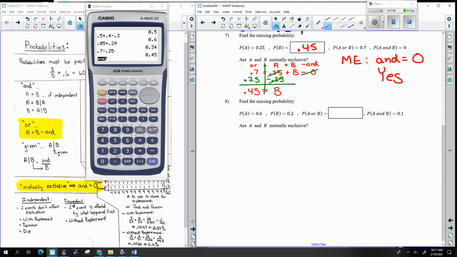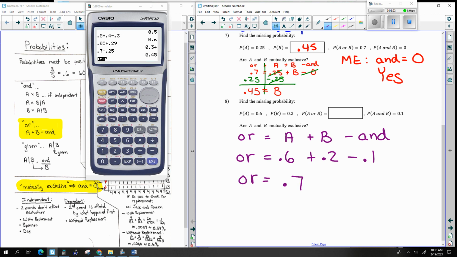Here we go, the word or is equal to A plus B minus and. Let's set up all the symbols here. A is 0.6, B is 0.2, or is unknown, and and is 0.1. That's just straight up mathematics, and this is going to be 0.7.